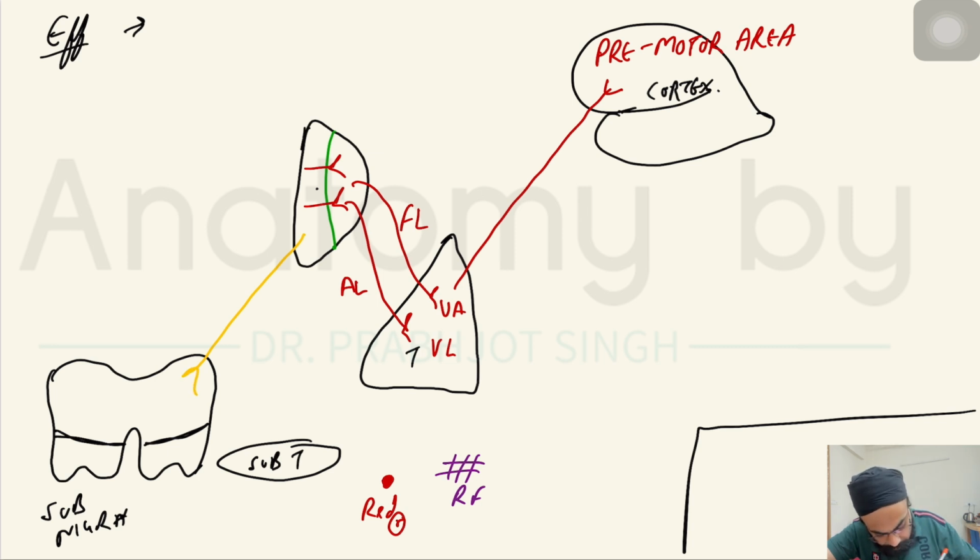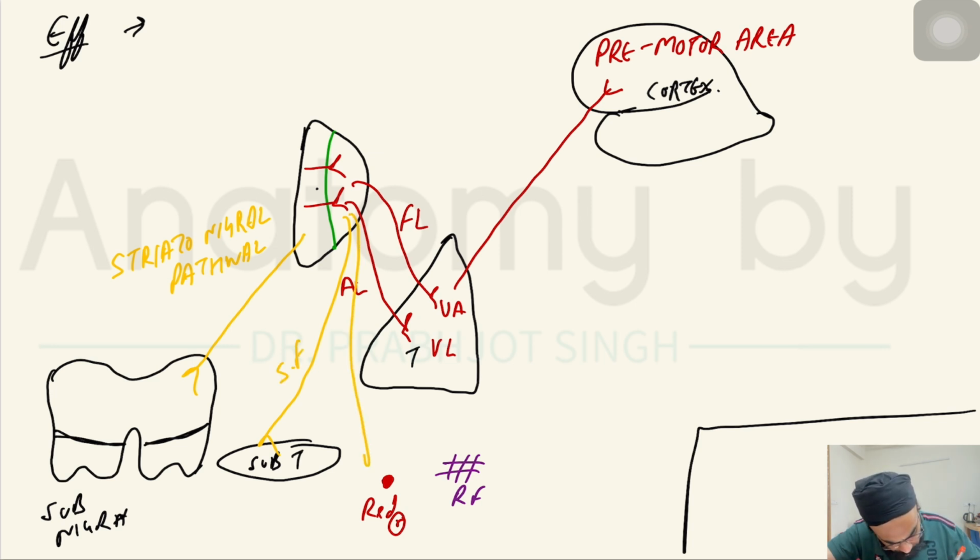So that is your striatonigral pathway. But from globus pallidus, it will go to subthalamus via the subthalamic fasciculus, to red nucleus as well as to reticular formation. So these are the various efferents.